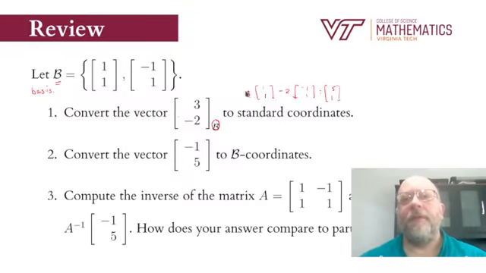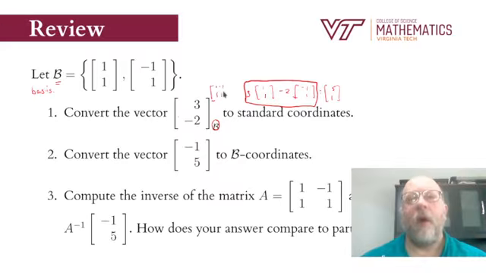But this here is exactly the same as multiplying by the matrix [1, -1; 1, 1]. That is, if we take these two vectors, form a matrix out of them, multiply it by (3, -2), that's just saying assign the weight 3 to the first column and assign the weight -2 to the second column, and that's exactly what this is.